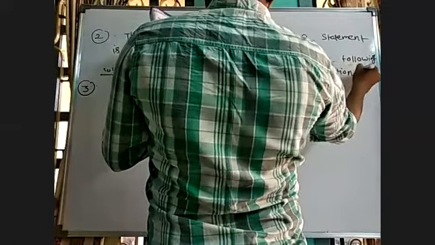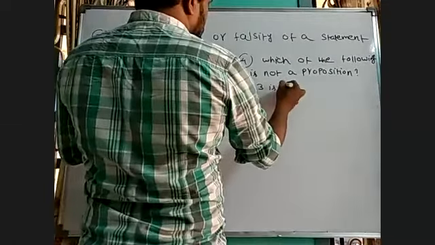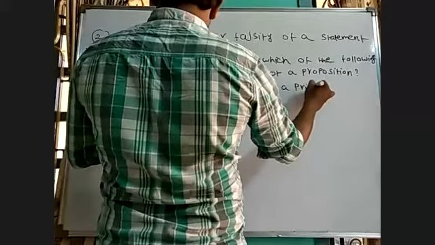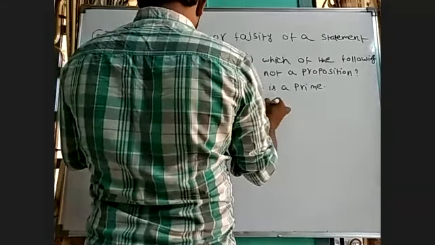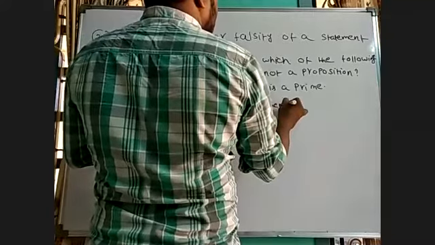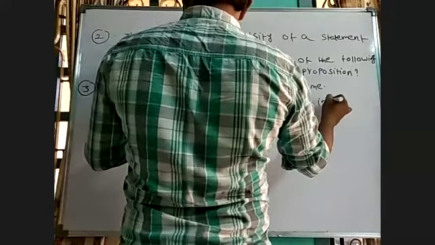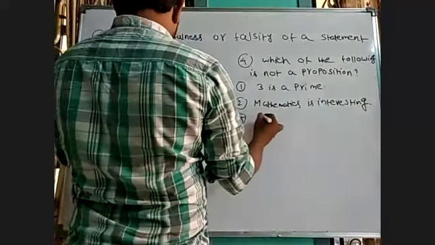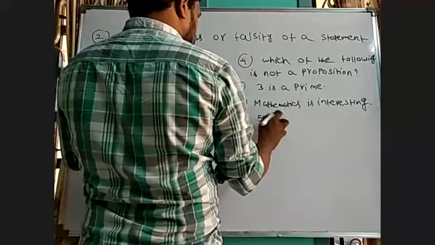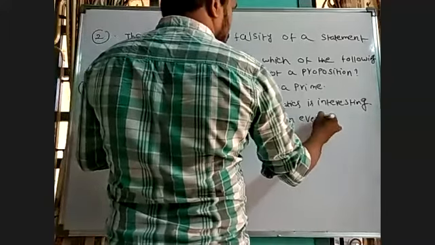Proposition. Okay. First option, what do they give? 3 is a prime. Mathematics is interesting. Next, 5 is a given integer.